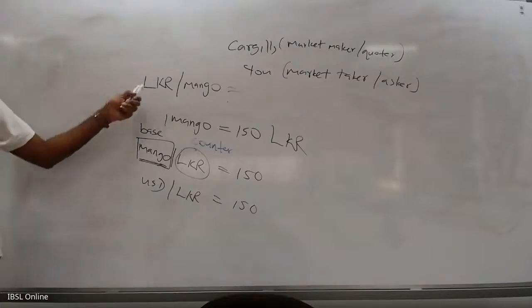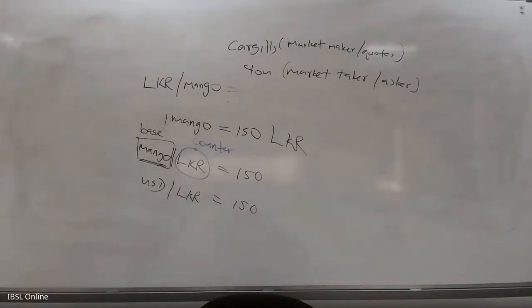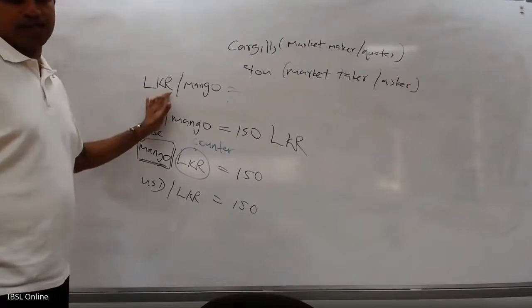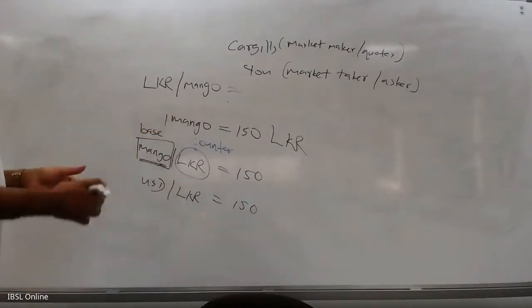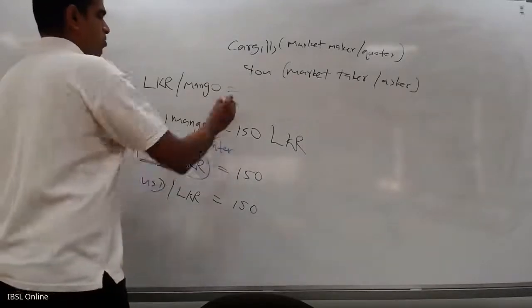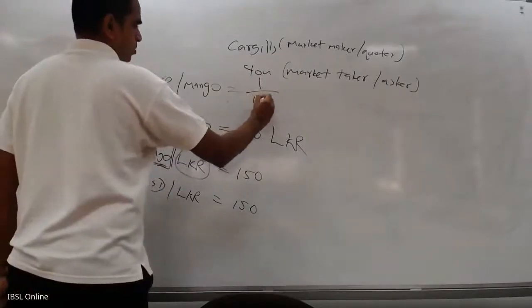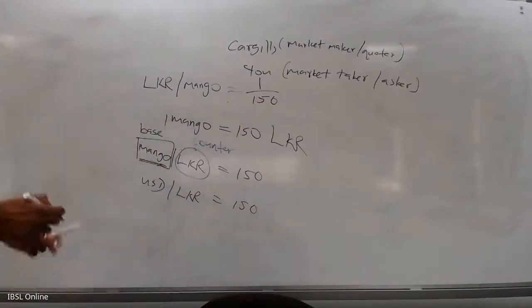Now in this case, what is the base? If I say rupee against mango, what is the base currency? LKR is the base. Very good. Whatever I wrote first is the base. This is the counter. So I'm writing 1 rupee in terms of mangoes, right? It will be the inverse of mango rupee. For 1 rupee, I get 1 over 150 mangoes.